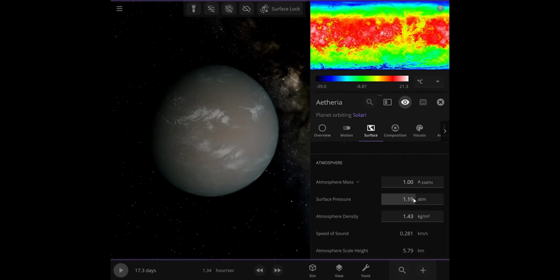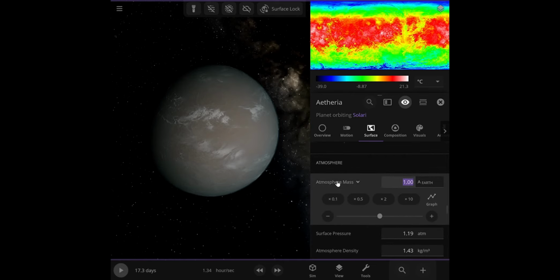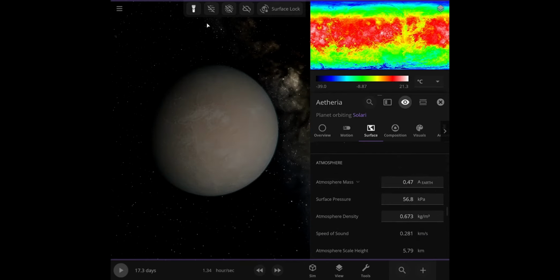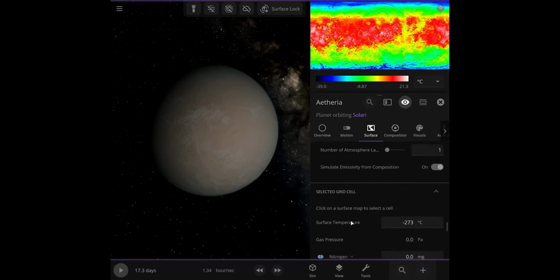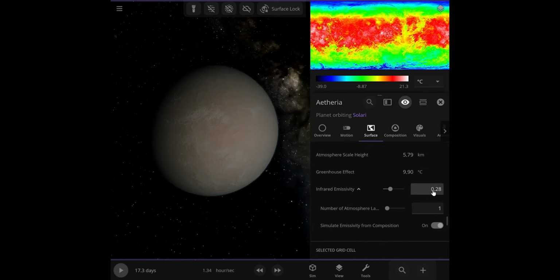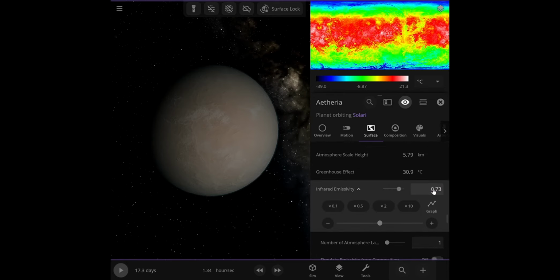So we're going to take the surface, and we're going to do 0.47. And there you go, Etheria. It does not have anything on it, but it does have a temperature of 300 degrees Kelvin, which means we're going to have to increase this a lot. So let's go 0.73.